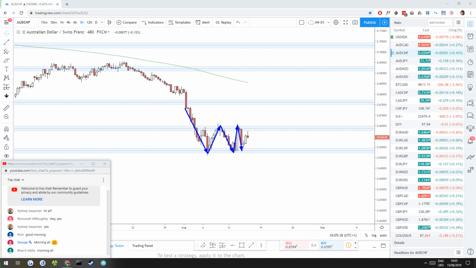Guys, maybe I was wrong about not finding many trades today. There is some stuff going on. So this AUDCHF is pushing up to resistance. Let's look for a short from this resistance area.